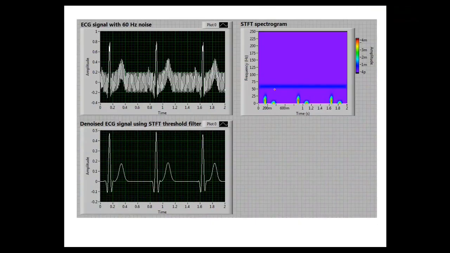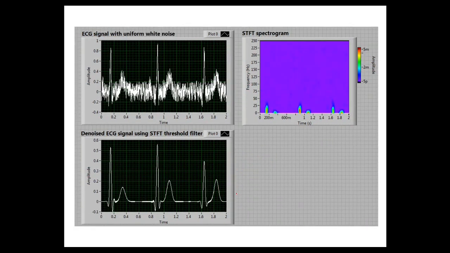On the other hand, if you go for the thresholding in a proper manner, then you can eliminate this 50 hertz signal. However, in the denoised signal, you can see there might be some deviations in the P wave, and that is because this frequency component would also have certain 50 hertz components in itself, and they would also be removed from the denoised signal.